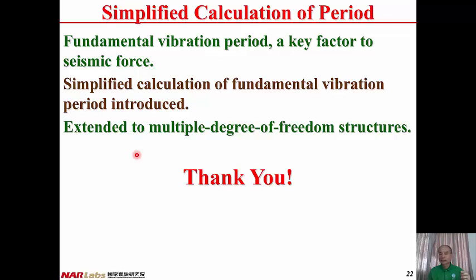Although only a two-story building and a one-story building are mentioned, the method can be extended to multiple degree of freedom structures.